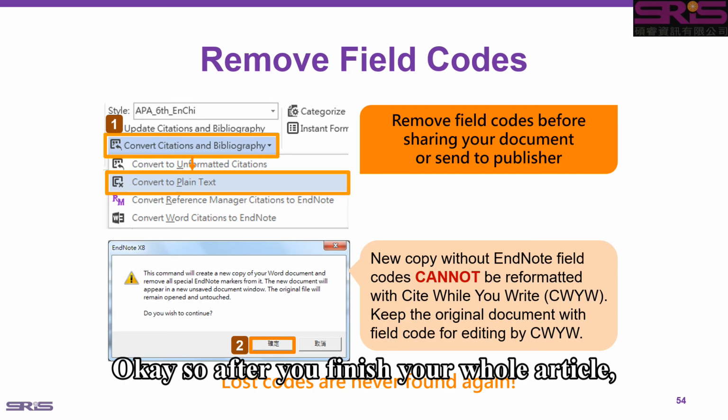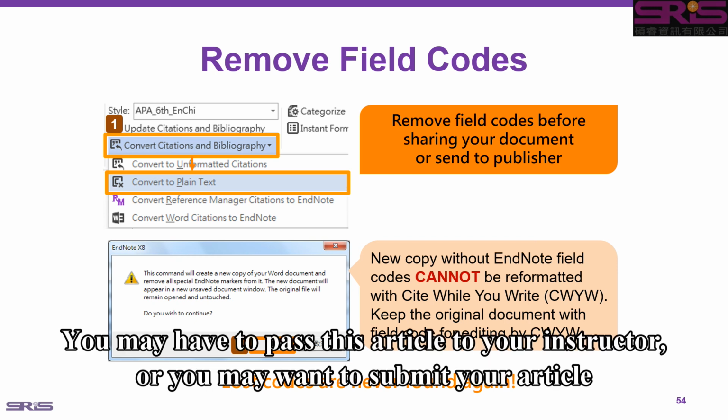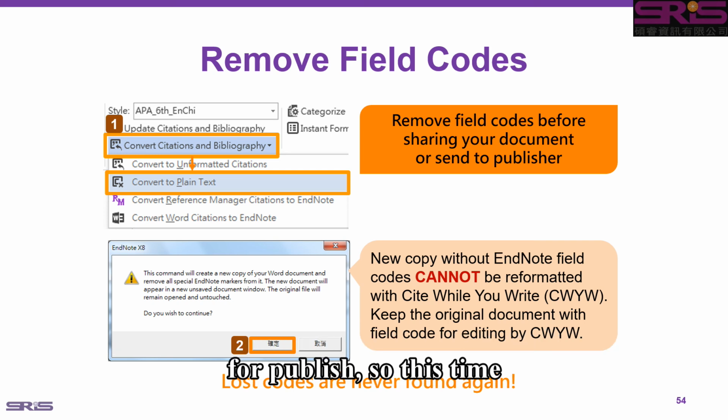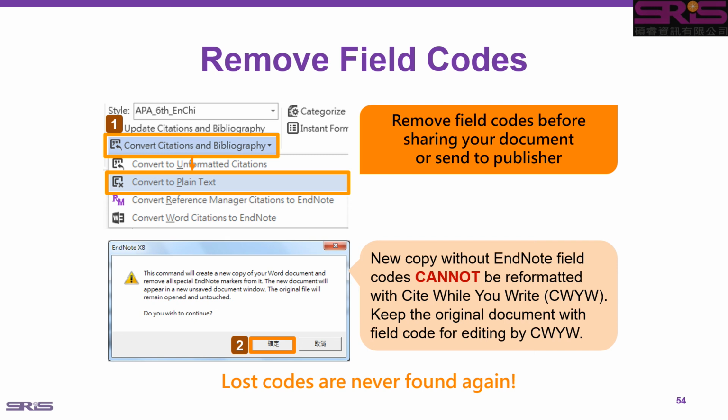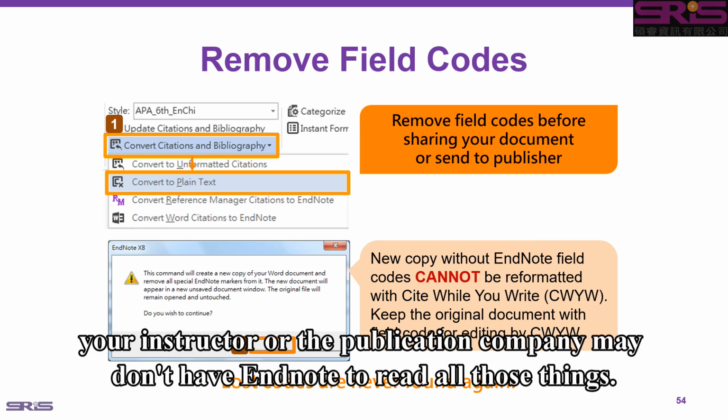Okay, so after you finish your whole article, you may have to pass this article to your instructor, or you may want to submit your article for publication. This time, because this article contains all the EndNote field codes, this may sound annoying because your instructor or the publication company may not have EndNote to read all the things.